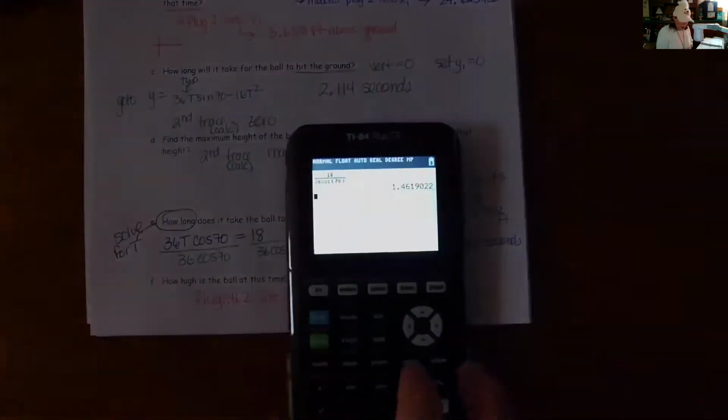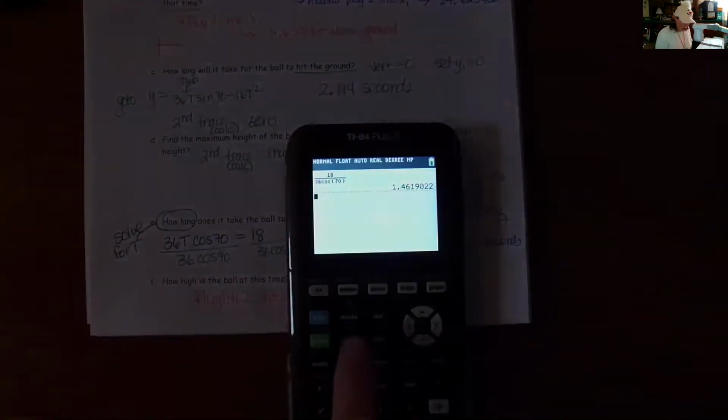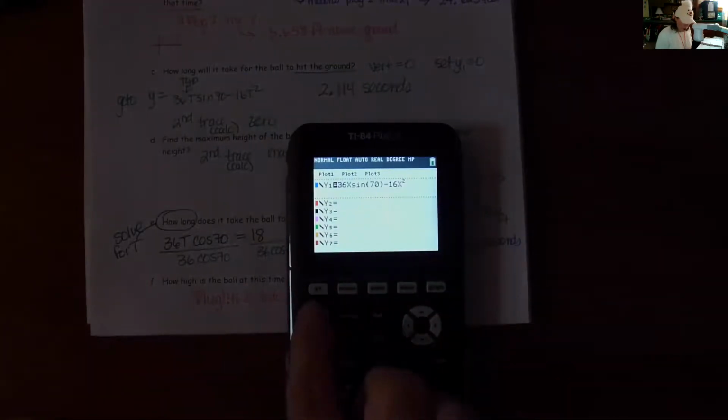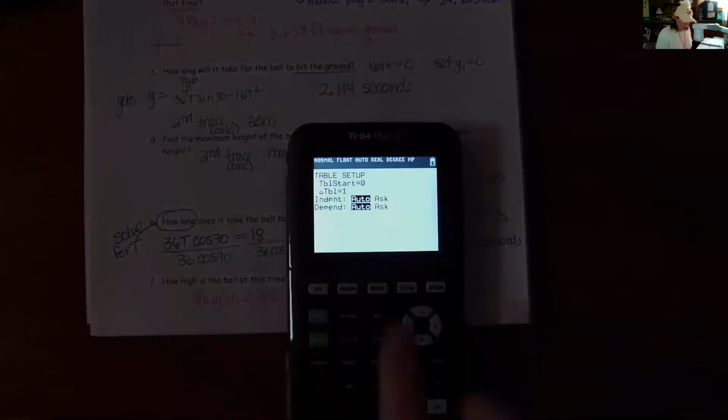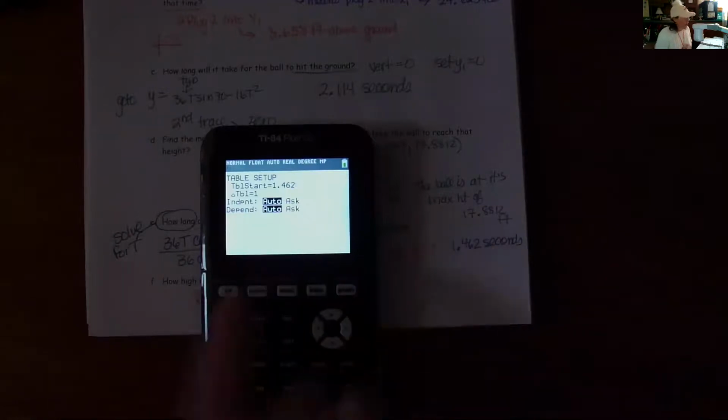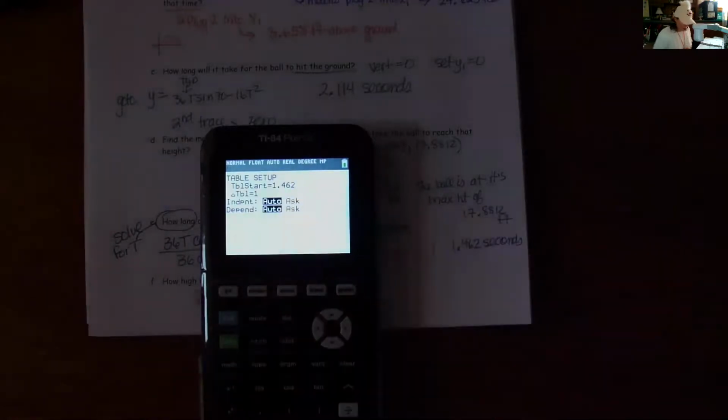Now, do you already have the Y equation in your calculator? Is it easy to plug into that? You could just go to second window and tell it what you want. What do we want? 1.462, right? Because the equation's in Y equals. So that's second window, type in the number you want and then go second table.